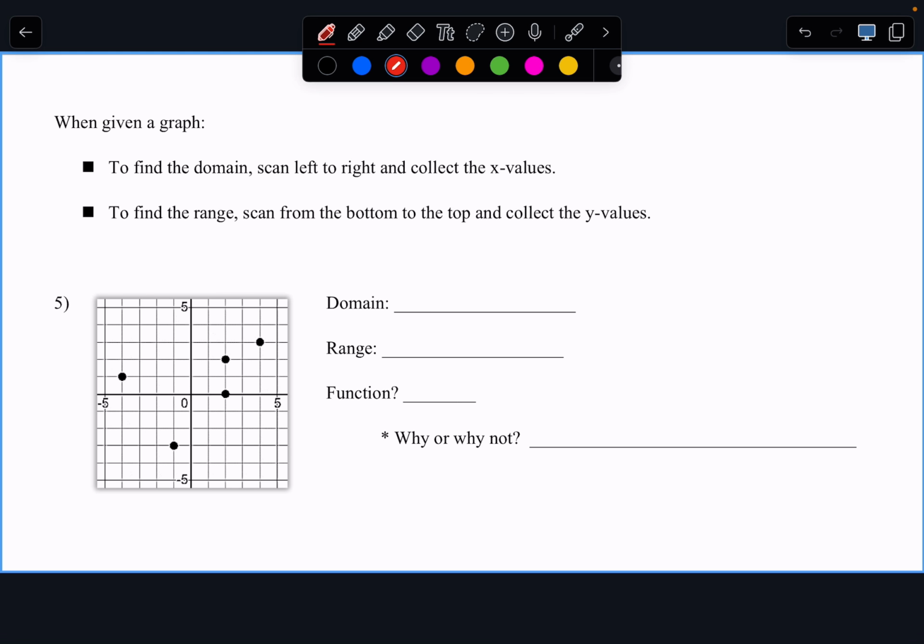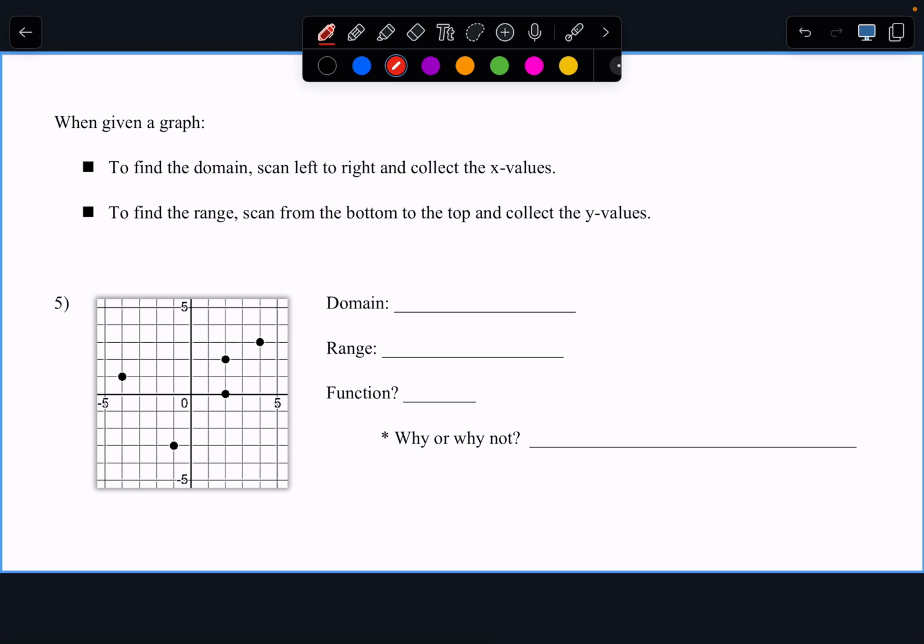Okay. Now we're going to work with graphs. What we're going to do is scan from left to right to figure out what our domain is.